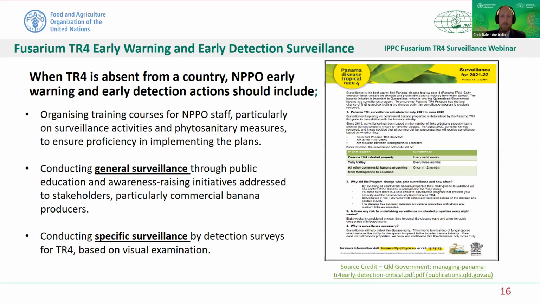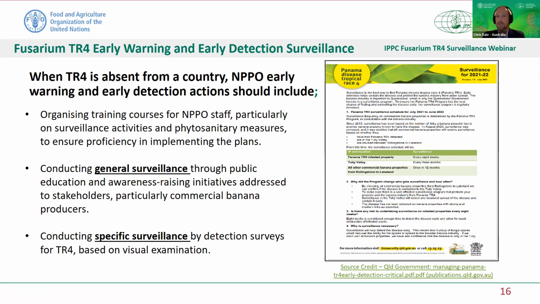So organising training courses for staff, particularly on surveillance activities, simulation, like we're going to do, which is included in the next webinar, proficiency in implementing plans and establishing the governance around a surveillance program, conducting general surveillance through public awareness and education, especially around commercial growers, and also conducting specific surveillance as proactively as possible.